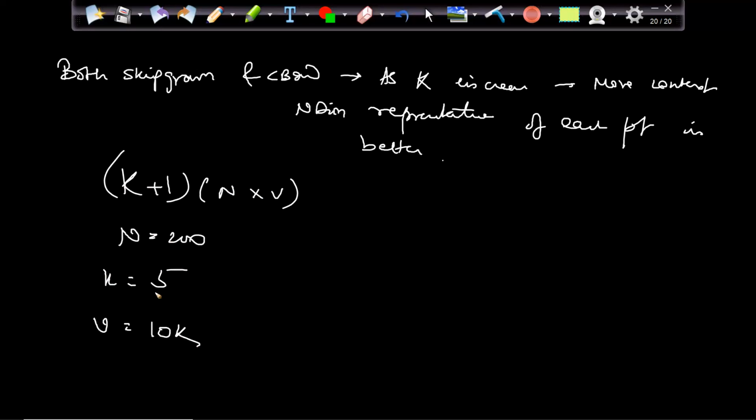So 200 features, 5 surrounding words, and 10k total words. I have to use these context words in both CBOW and skipgram. In CBOW, I am using them to predict my focus word. In skipgram, I am predicting these surrounding words.